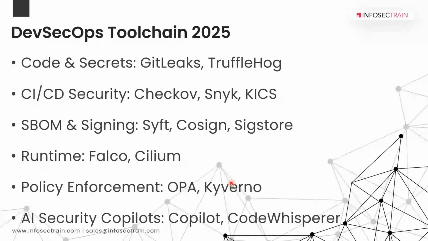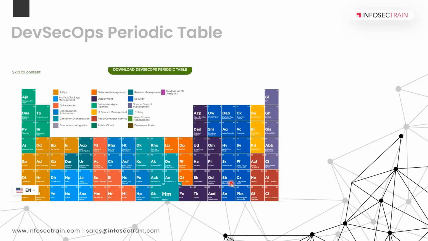Team, there is one such thing called the DevSecOps periodic table. Please search for this in your browser. It was created by a team called digital.ai.